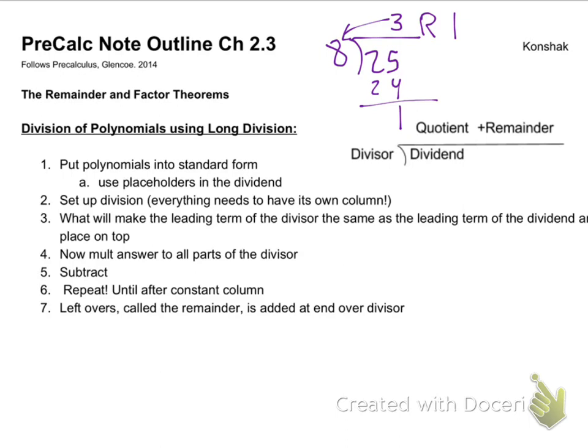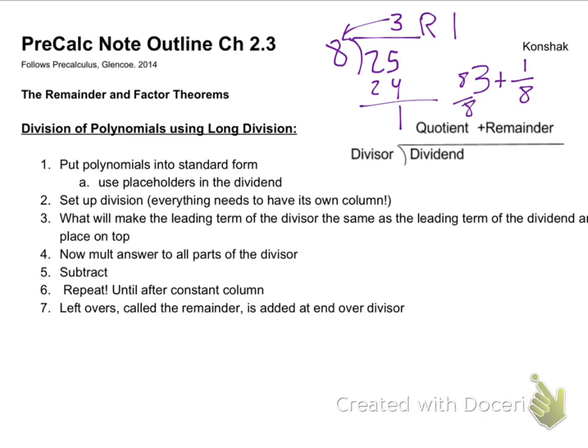What if I propose, because I know you have done this before, that the answer is really 3 plus the remainder divided by the divisor. Is that the same thing? 3 plus 1/8? If I wanted to get a common denominator, I could multiply the 3 by 8 over 8.